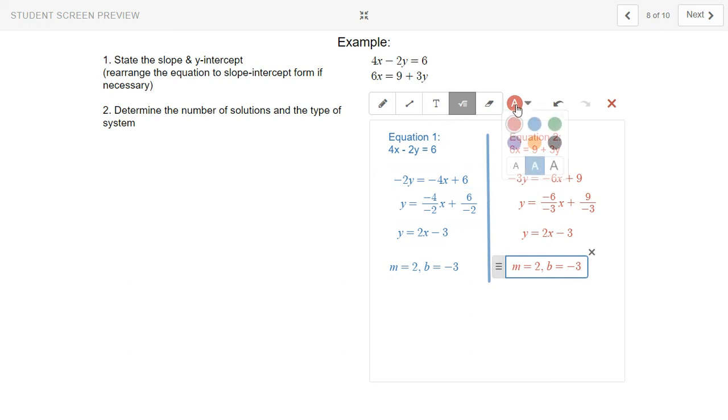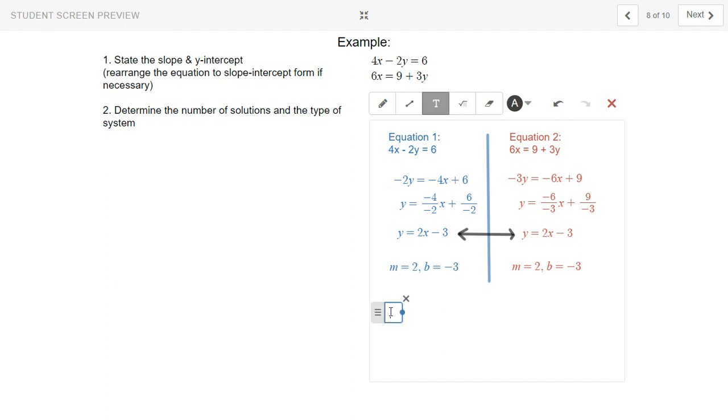In fact, we can see here that the two equations are exactly the same. So if we know that they're exactly the same, they're not only parallel, they're right on top of each other. Now, the proof that we have of this is because we know that the slope is the same and the y-intercept is the same.